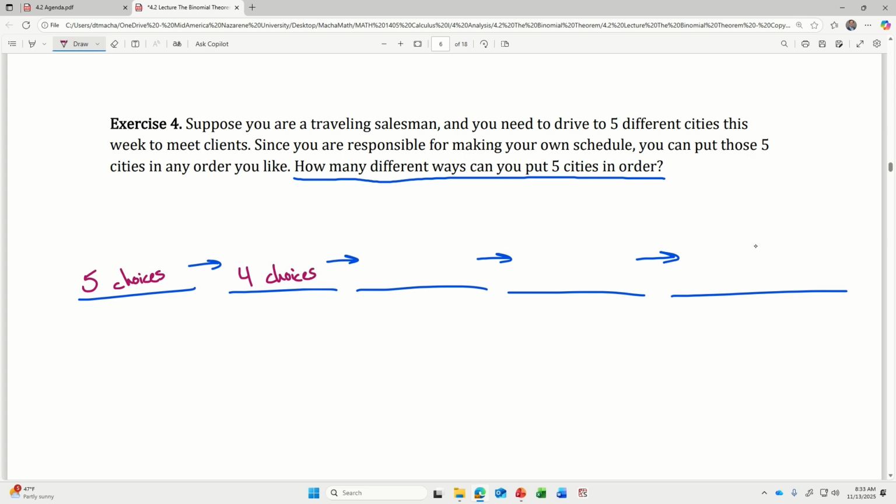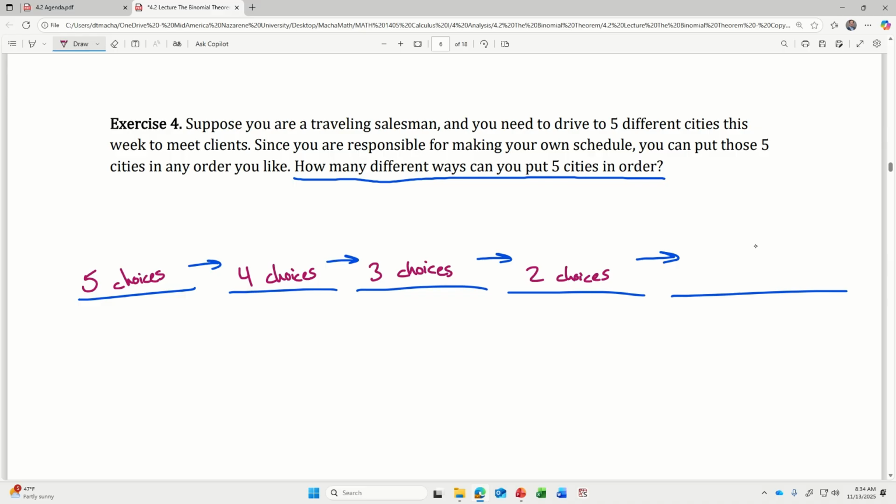I'm going to write down that choice on paper. How many choices do I have left to choose for the third city? Yeah, there's only 3 cities left. And so when I'm visiting my third city, I've only got 3 choices left. And then finally, whenever I get down to my last city that I'm going to visit, there's only 1 city left on the list. I've got only 1 option here.